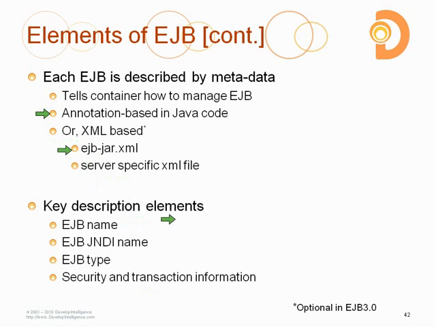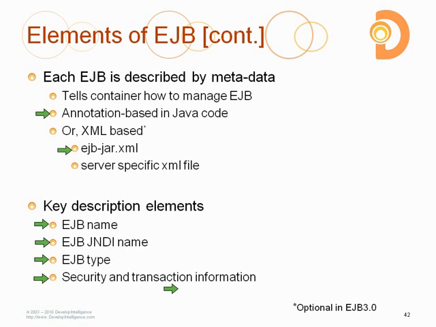If I don't provide any metadata information beyond just the annotation, what's going to happen is that the container is going to use some default values for the EJB name, the JNDI name, the type, security, and transaction information. Generally, the EJB name is going to be the class name. The EJB JNDI name is going to be the fully qualified class name.